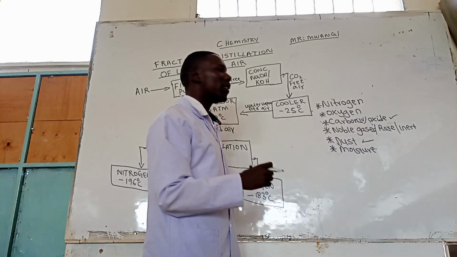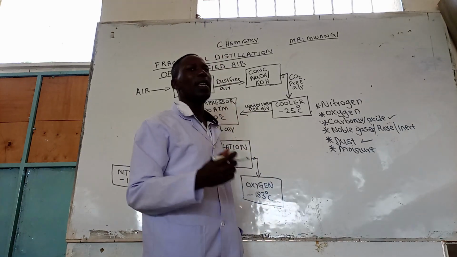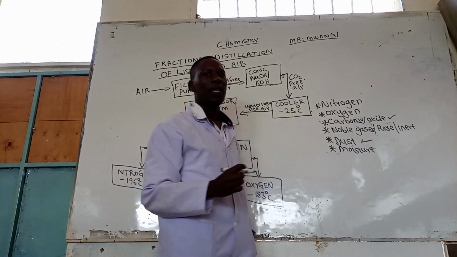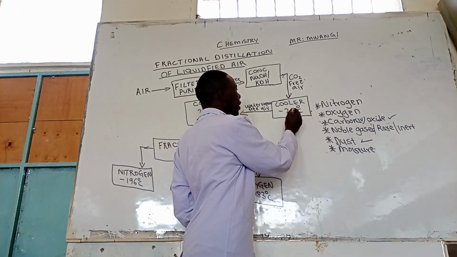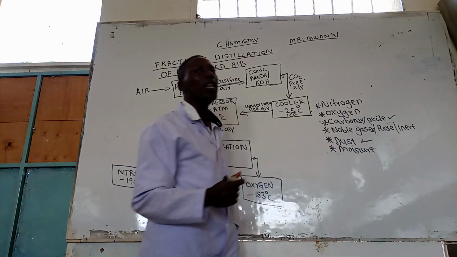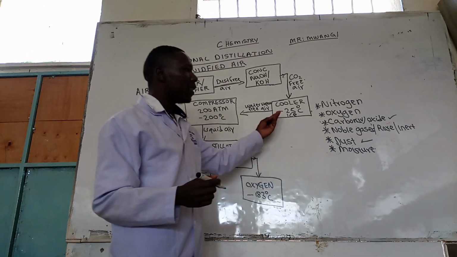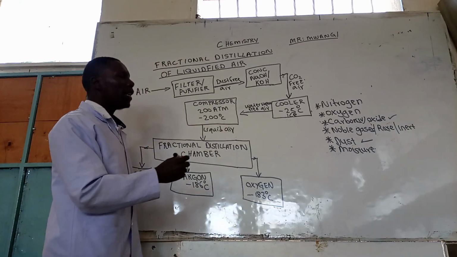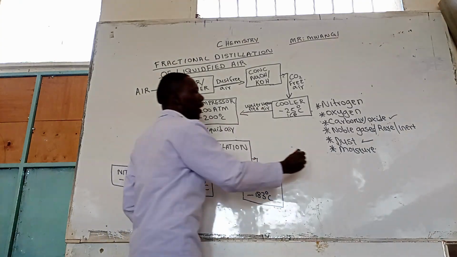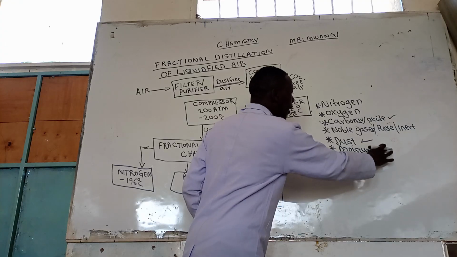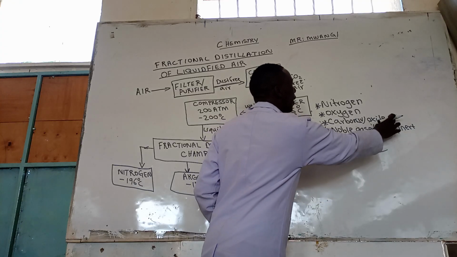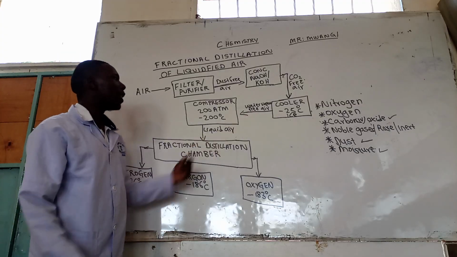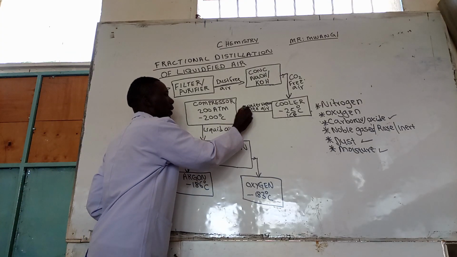Then at negative 25 degrees, it has already reached its freezing point, so it changes into solid in form of ice. At this point, the water moisture is removed. Then the air that does not contain moisture, dust, or carbon dioxide is passed through this part and taken to the compressor.